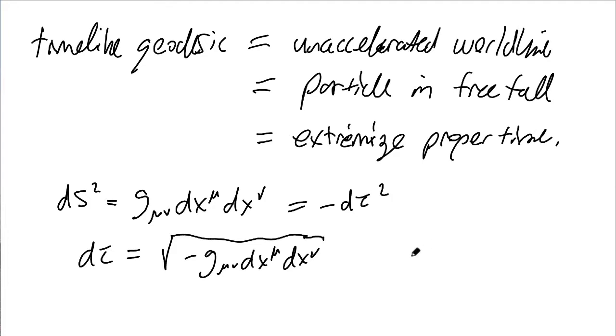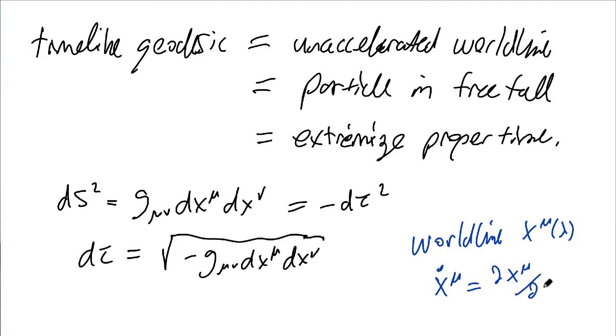And now for a world line, x mu of lambda, so it's parameterized by some parameter lambda, we can let x mu dot be shorthand notation for partial with respect to lambda.